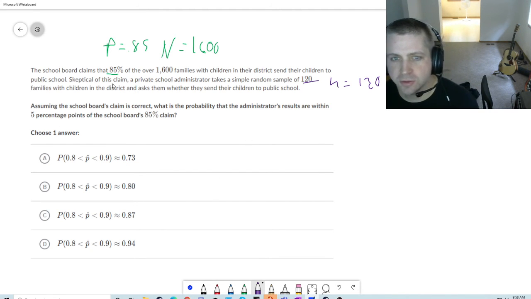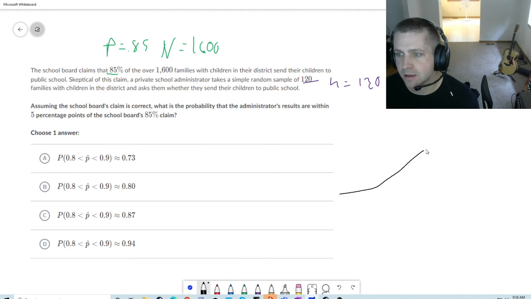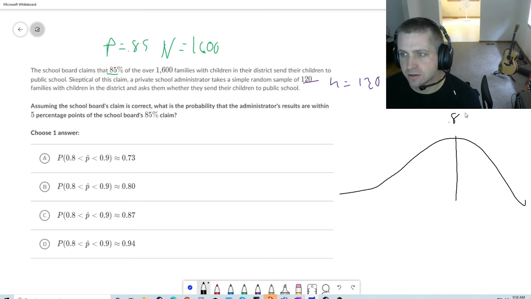But it's saying, assuming that this big P is correct, what's the probability that your sample hits within 5 percentage points? So basically what that's asking is, assuming that that really is the mean, what's the probability that your sample lies within 5 percentage points of that mean? So that would mean like 0.8 and 0.9.